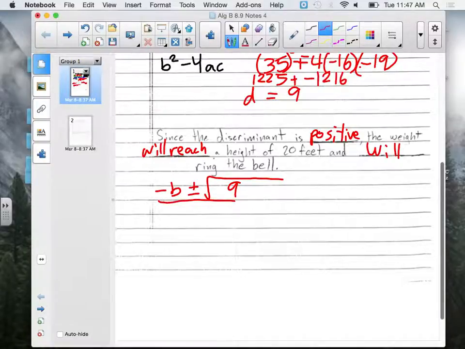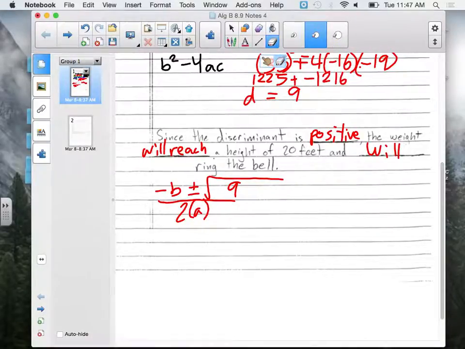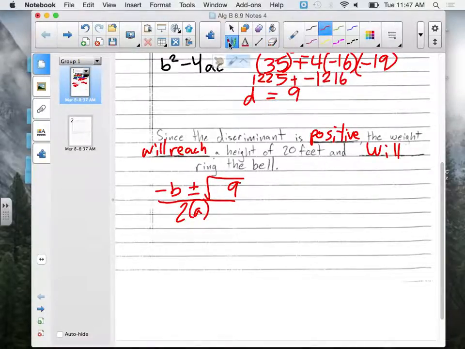Since we already found it right above, we have all over 2a. So we have some variables in there, and we can substitute those in. What's our b value? Right, 35.